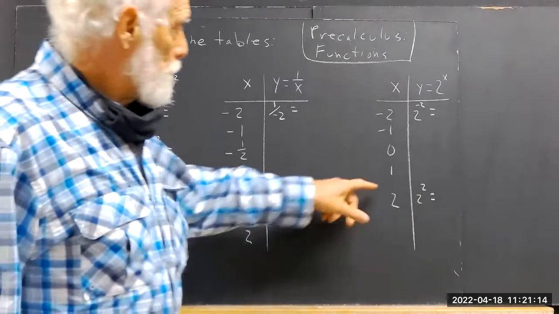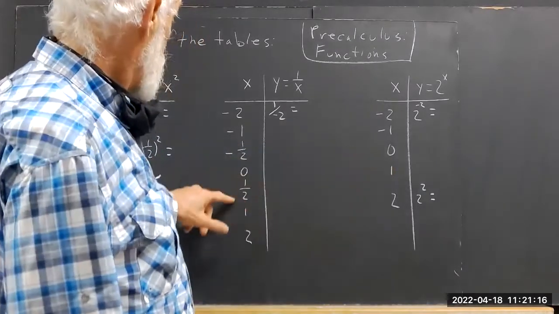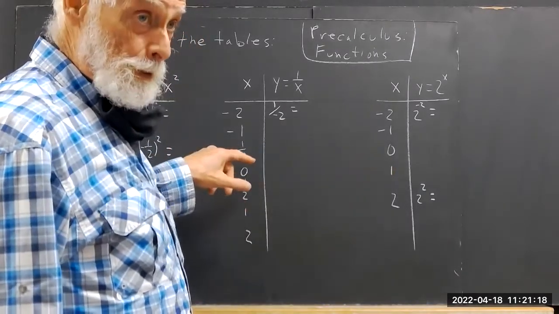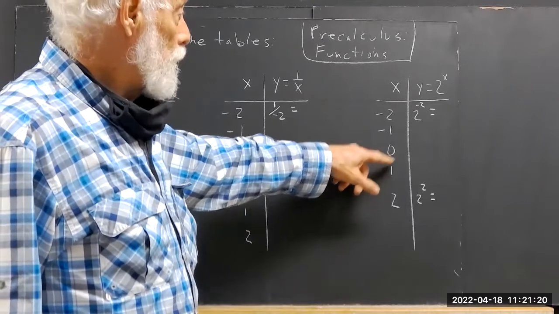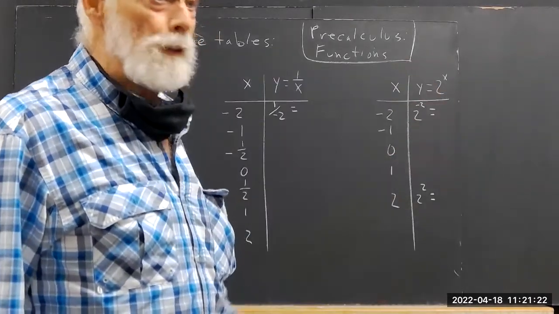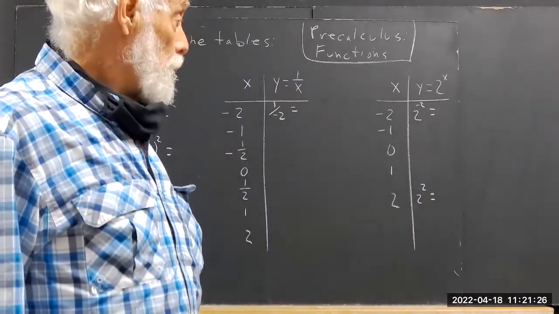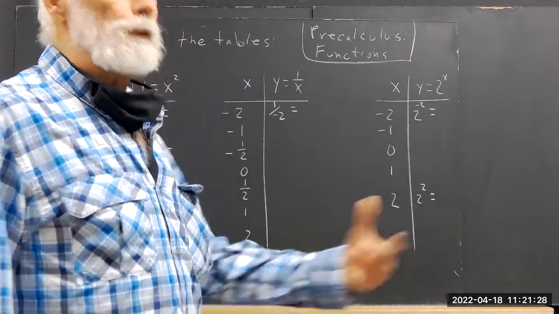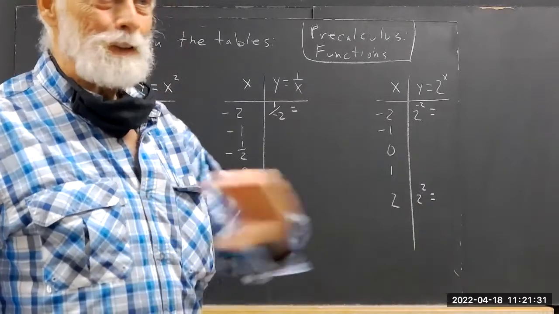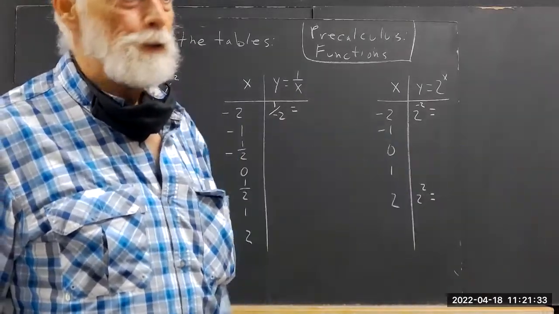Like you'll notice I didn't put 1/2 in here, where I had 1/2 here and here. The only way you're going to get 2 to the 1/2 power, which is the square root of 2, if you remember about fractional exponents, is with a calculator. It's an irrational number. It keeps going and it's totally unpredictable.